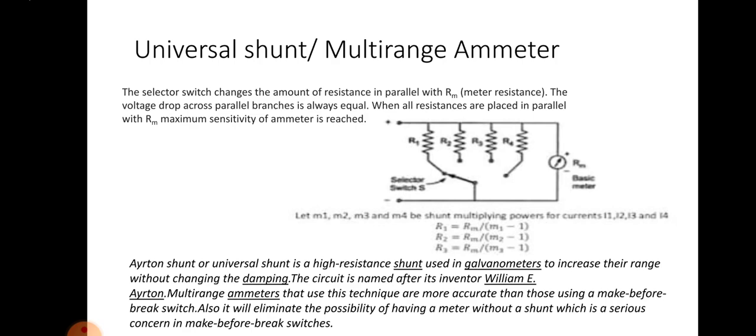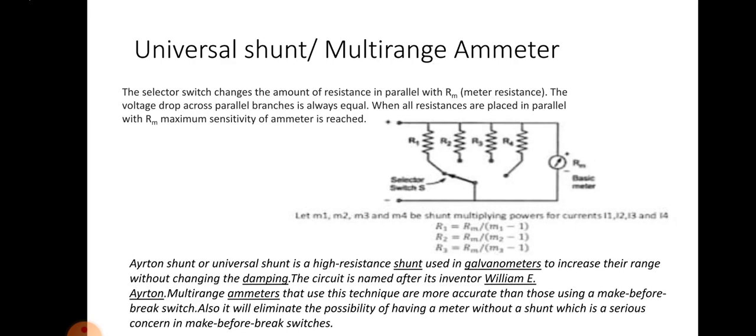The multi-range ammeters that use this technique are more accurate than those using a make before break switch. Also, it eliminates the possibility of having a meter without a shunt, which is a serious concern in make before break switches. Okay, so wherever the range is to be extended and accuracy is needed, at that time we can use this universal shunt.